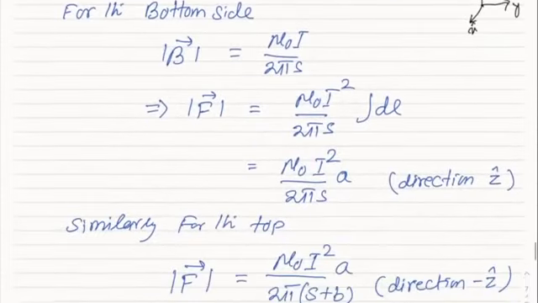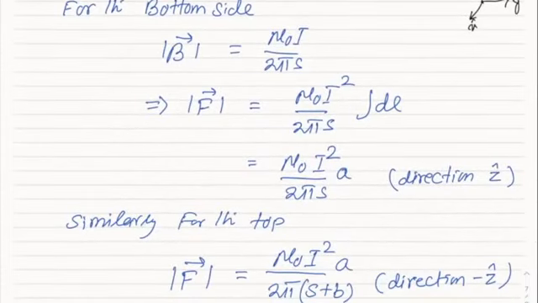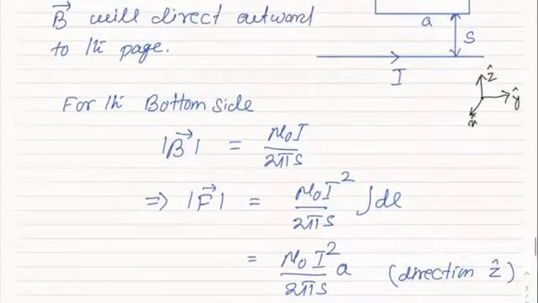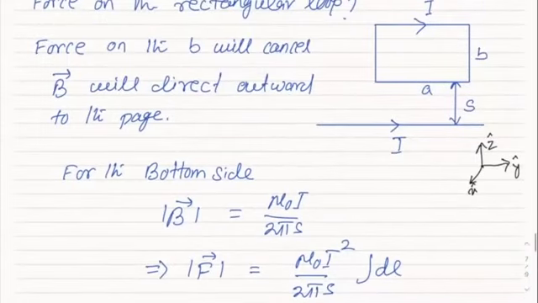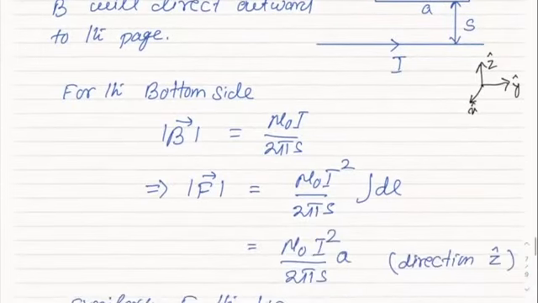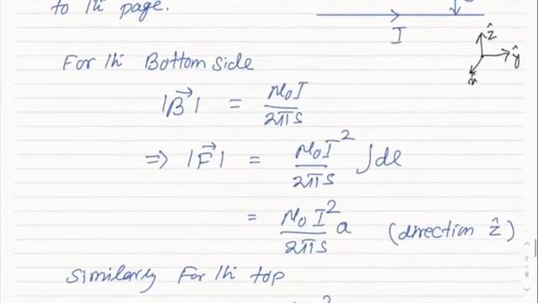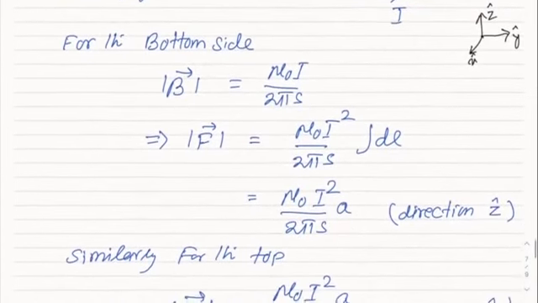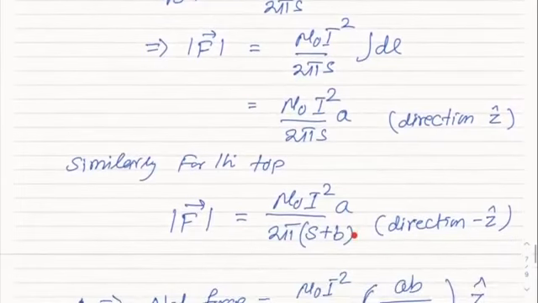And for the top, you can again do the calculation, and here the separation is nothing but S plus B, right? For that reason, the force will be given by, you can again verify this expression, mu 0 I square A by 2 pi (S plus B).